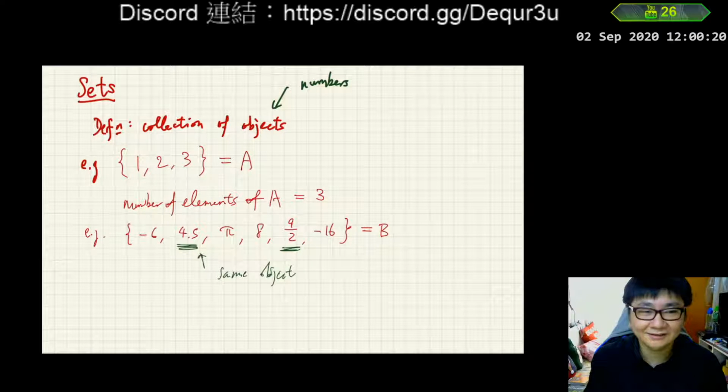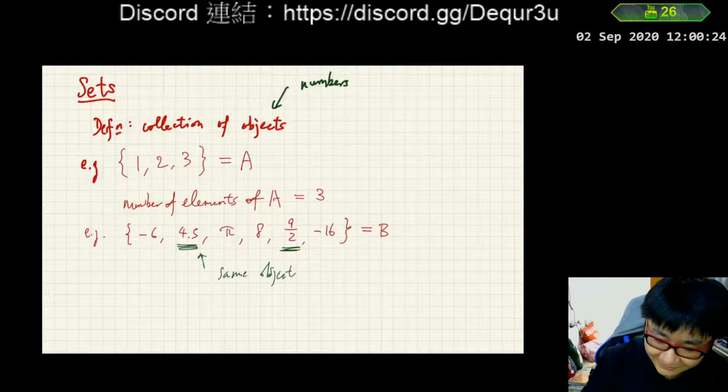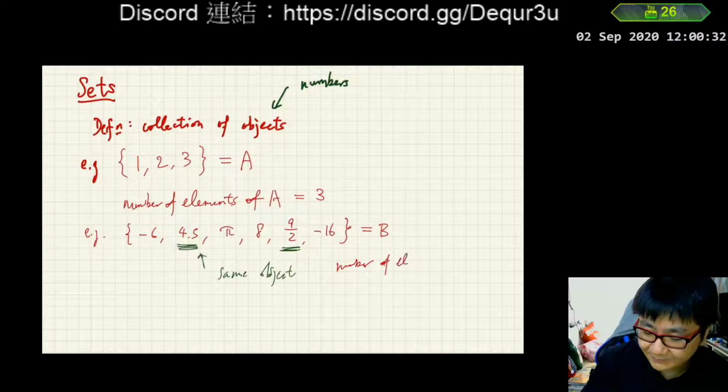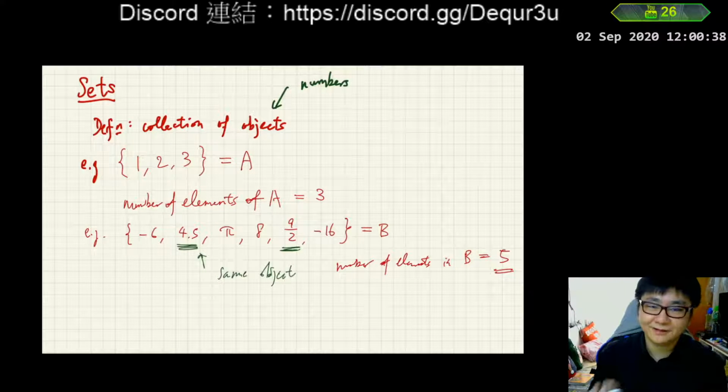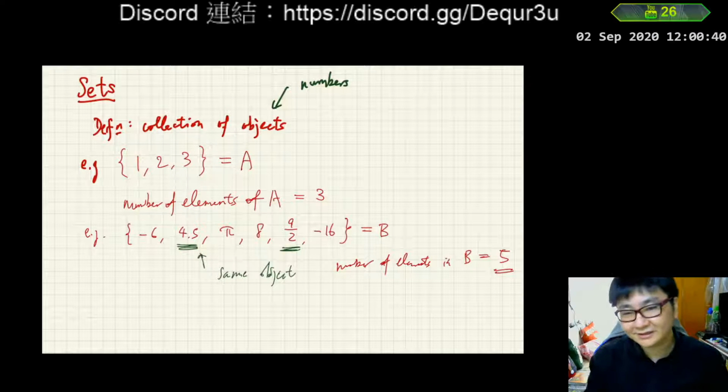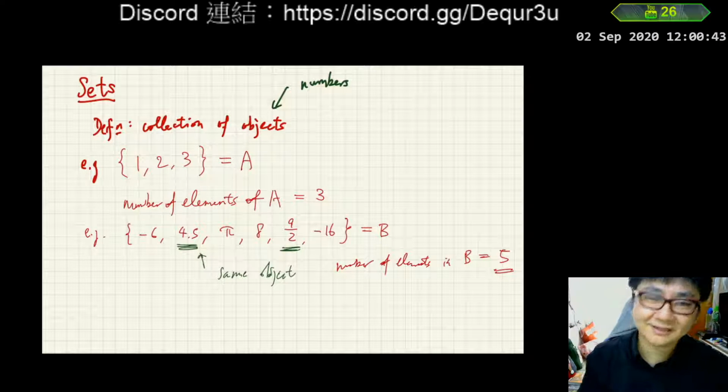Therefore, we don't count them as 2 different things. And therefore, when we say for the set B, the number of elements in set B, okay, I change it back to red. Number of elements in B, then it will be in fact only 5, because 4.5 and 9/2 are the same thing. Yeah, and that's what Jack has said in the chat room.